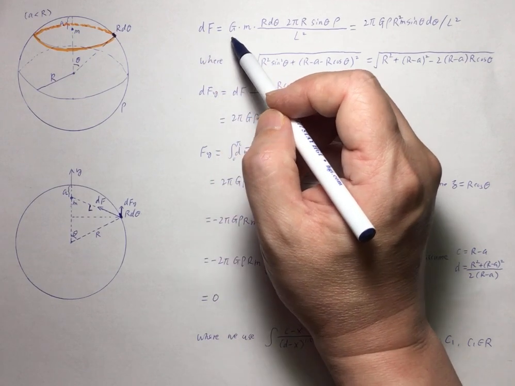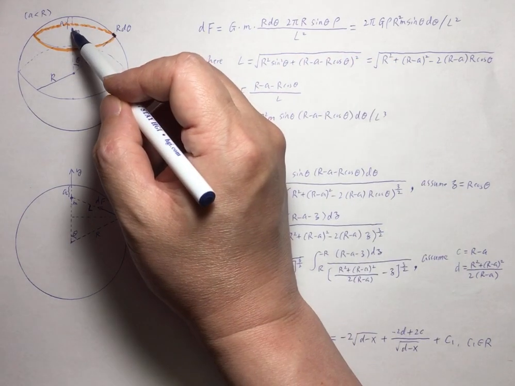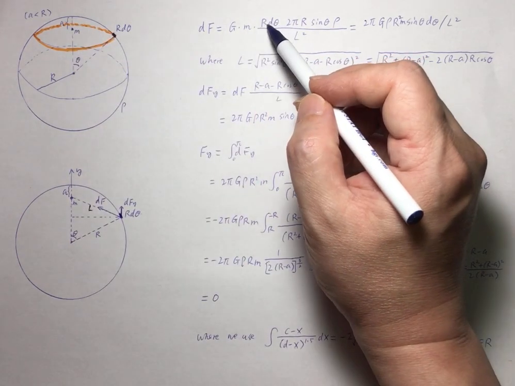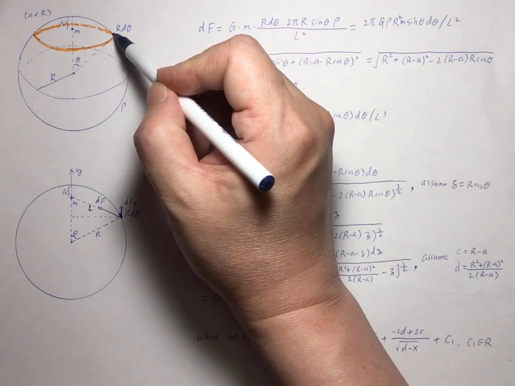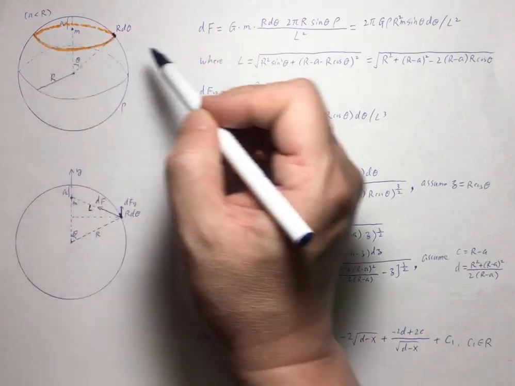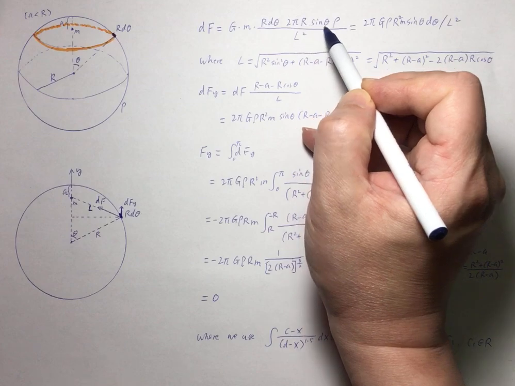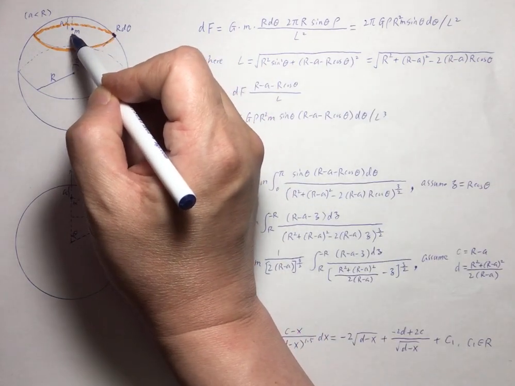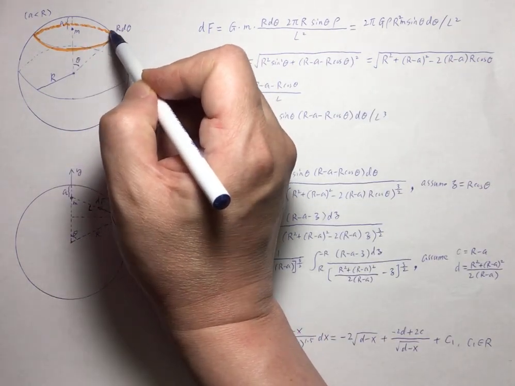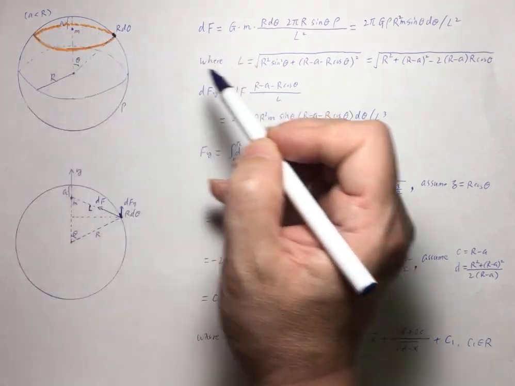So dF will be G, the gravitational constant, M is the mass of the small object inside the hollow ball, and then r d theta is the width of this ring in orange color, and then 2 pi r sine theta. r sine theta is the radius, so 2 pi r sine theta will be the circumference of this circle.